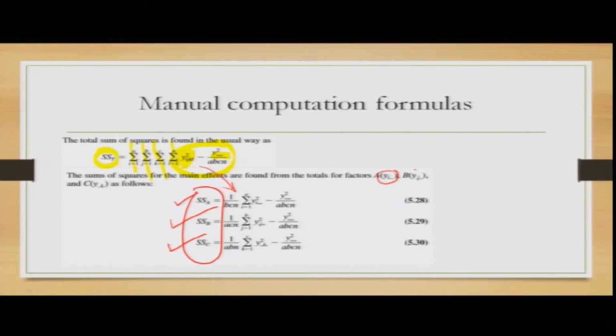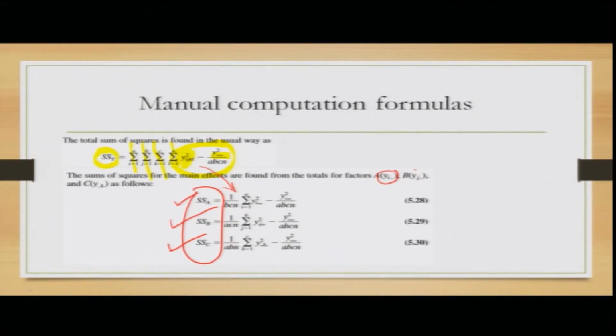For A, it means you are keeping A at the ith level and summing up over the second factor, third factor and n observations. This is dot dot dot in the second, third, fourth places, and for the sum of the squares it will be divided by b into c into n.